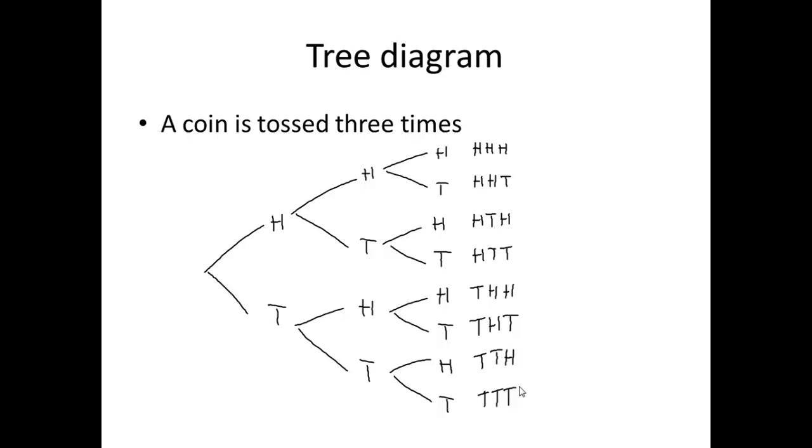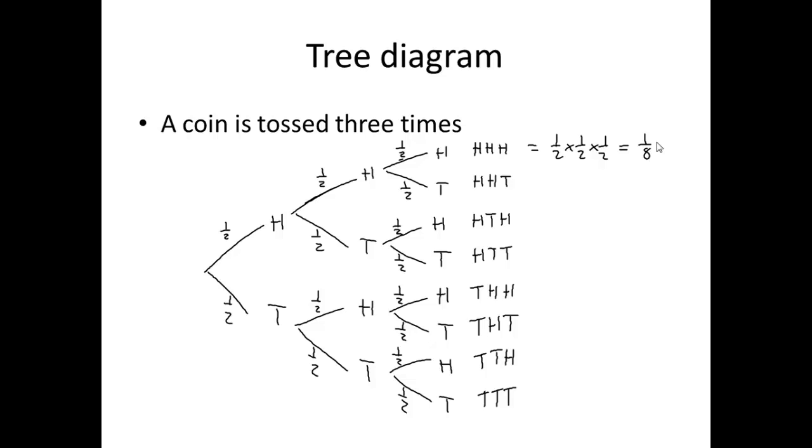If this is a fair coin, this is a half each, so 0.5 and 0.5. So if it's equal, we can put the probabilities on each, and then I want the probability of getting head, head, head. That's going to equal a half times a half times a half. 2 2s are 4, 2 4s are 8, so that's an eighth.